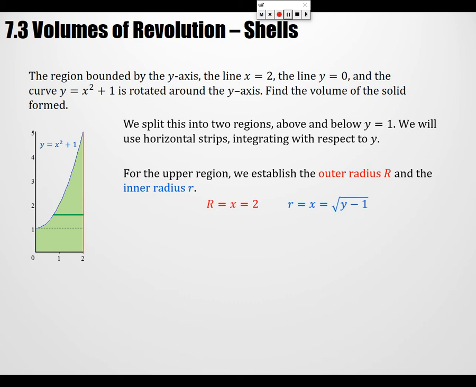Keep in mind, just like we just did even on the last part of the warm-up today, we need that in terms of y. If we're cutting horizontally here and going around the y-axis, everything here needs to be in terms of y. So we've got the functions in terms of y. We've got the limits of integration for this one, 1 and 5, in terms of y. And dy will be the width of our strips.